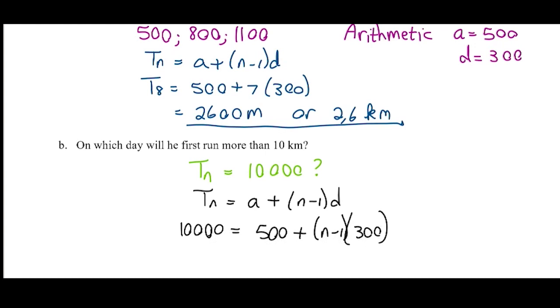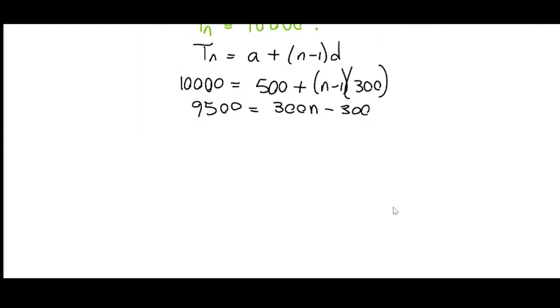We're going to subtract 500 from both sides, leaving 9,500, and that equals 300 lots of n minus 300. Now we're going to add 300 to both sides. We get 9,800 is 300n. We're going to divide both sides by 300.